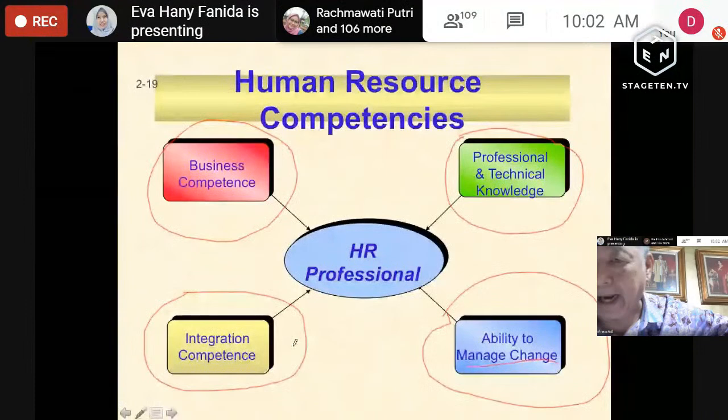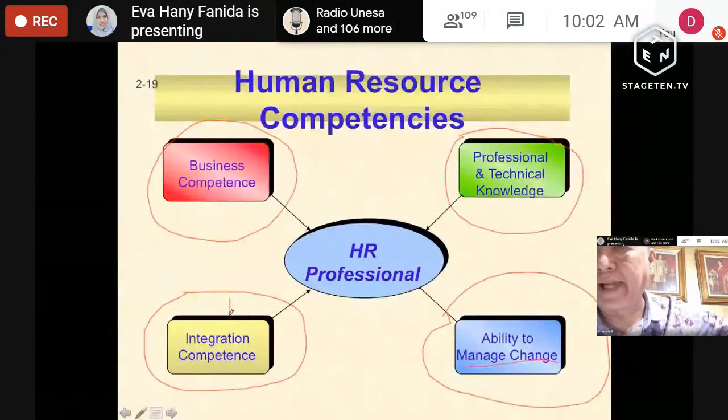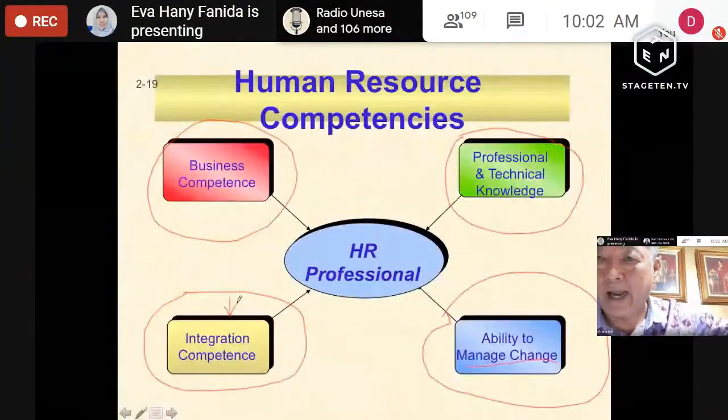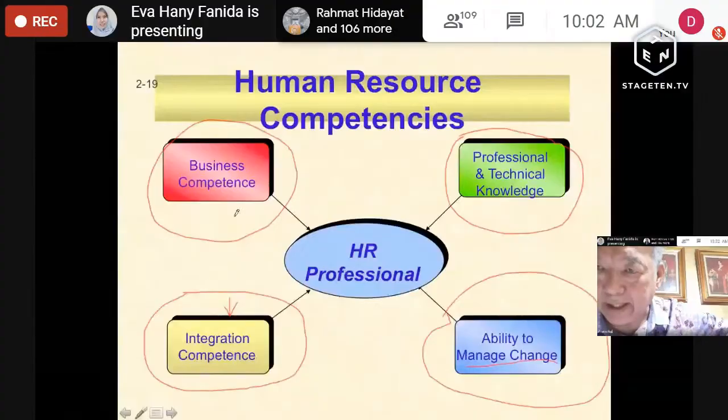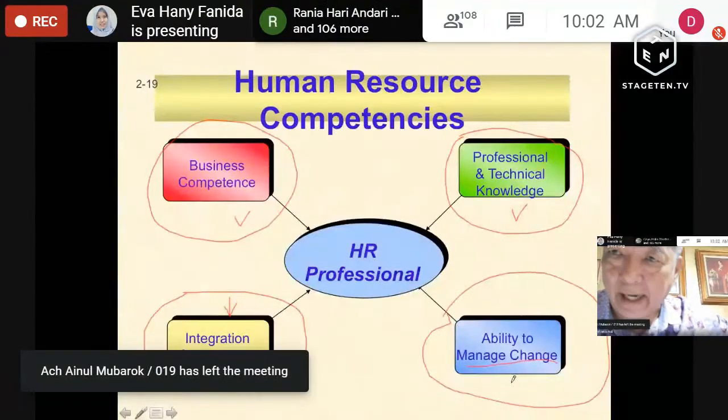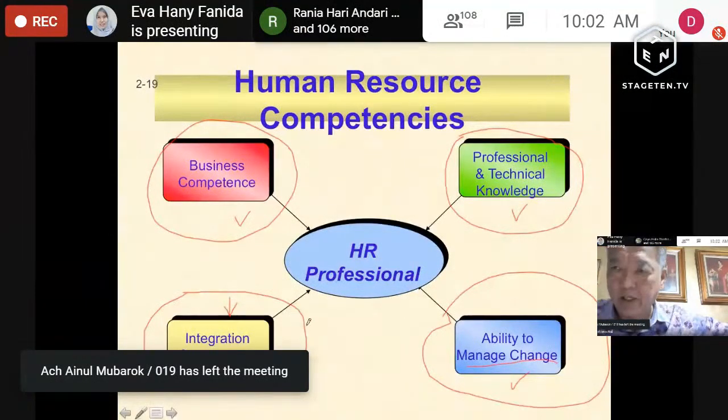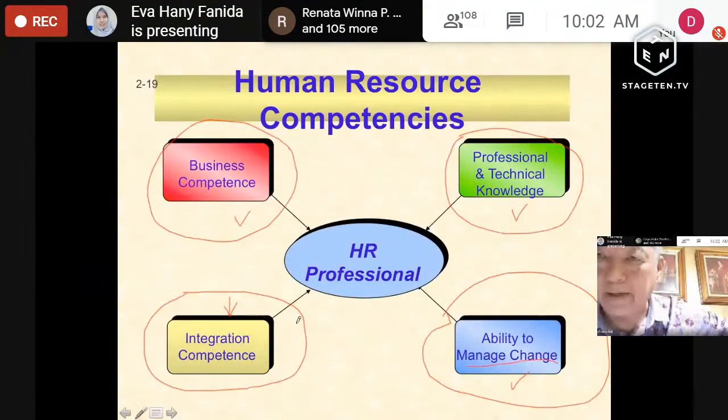Okay. And the last one is you have to combine all these competencies together. You are the person that can adjust yourself, can know the business, and can be expert in human resource functions. So this one is the best for human resource expertise.